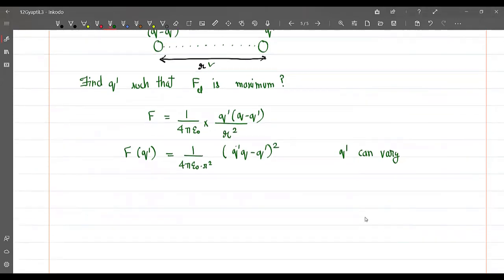Now, here we are going to use a concept from maxima and minima, from calculus. Do you know the concept of maxima and minima? If there is a function that you have to maximize or minimize, what we do is differentiate it with respect to the variable and equate it to 0 to get the maxima or minima.